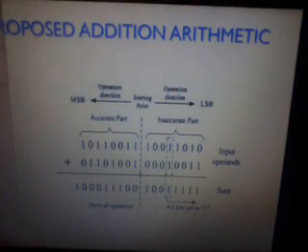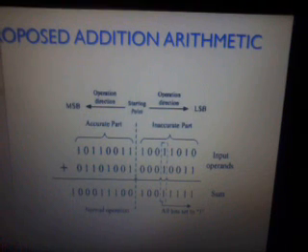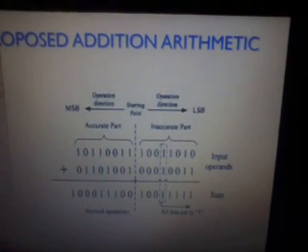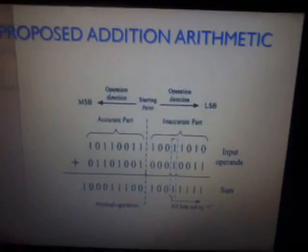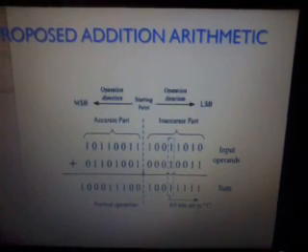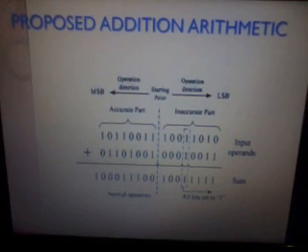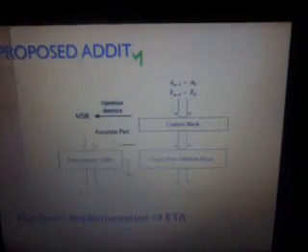The accurate part does the normal addition from right to left and holds the MSB, and the inaccurate part will be our error tolerant adder. If both inputs are one, all the outputs will become one. We'll see how it happens.